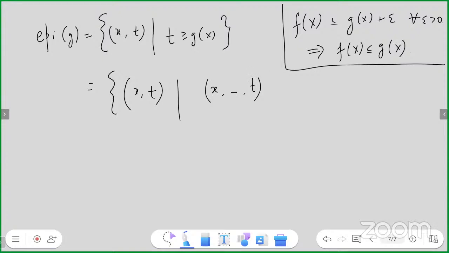So I'm adding one extra component to what? And remember, g of x is inf over y belongs to S of f of x comma y. So x, y comma t belongs to the epigraph of f for some y.